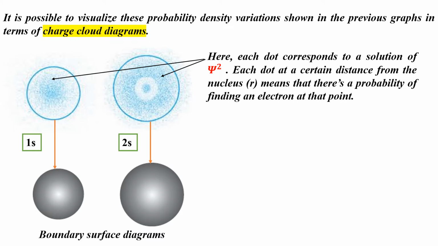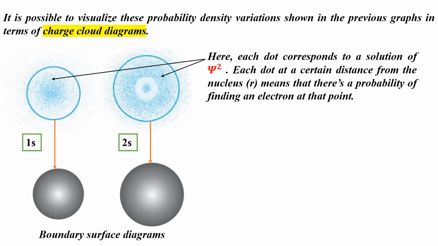They plotted each solution of psi square as a dot. So, a dot in the charge cloud diagram represents the probability of finding an electron at that point at a given point of time. Or, a dot in the charge cloud diagram represents the location of an electron around the nucleus at a given point of time.